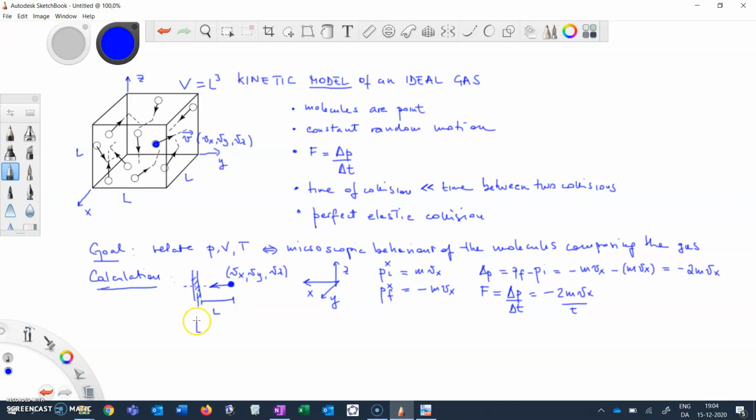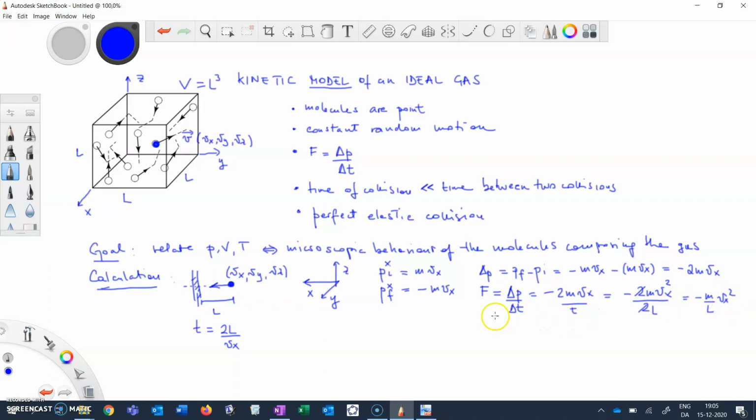Then the time for the molecule to go back and forth is 2L divided by Vx. Therefore this is equal to minus 2m Vx divided by 2L times Vx. So Vx becomes squared, and the 2 can cancel out. I have therefore a result of minus m divided by L times Vx squared.